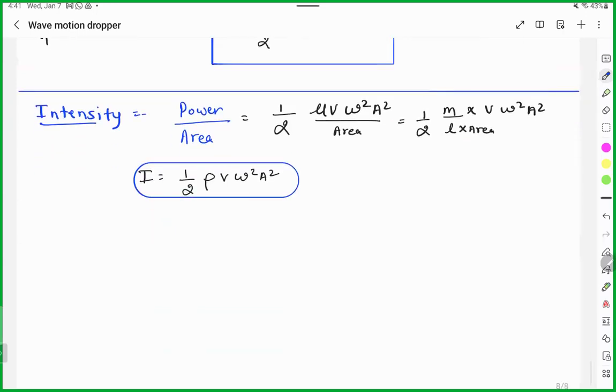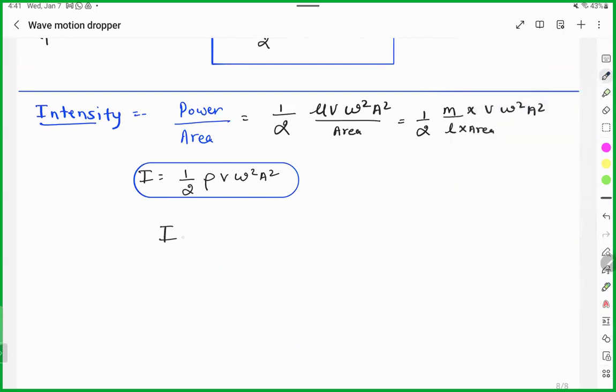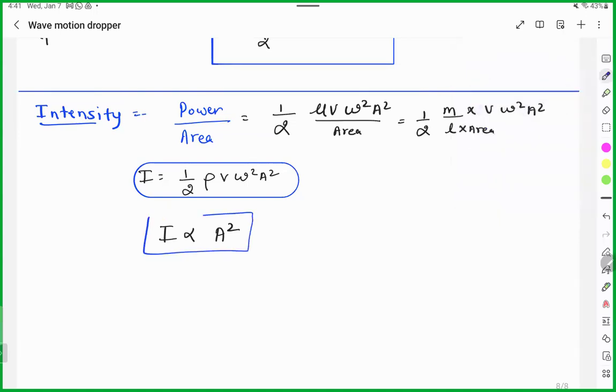So as you can see here, intensity I directly depends upon the A square. And this is what again you use in wave optics. Amplitude. Because what is I? Intensity. What is A? Amplitude. Do you remember in your wave optics you did the same thing? Intensity directly proportional to amplitude square. Yes, this is correct.